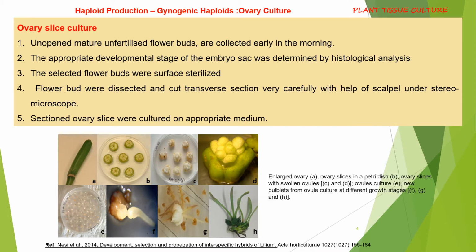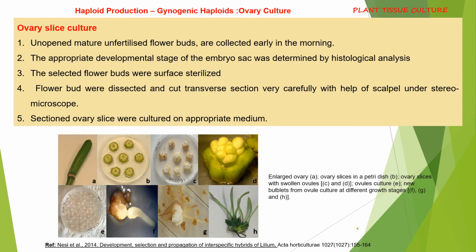Another method of ovary culture is ovary slice culture. Here, the mature unfertilized flower buds are collected and the developmental stage of the embryo sac is determined by histological techniques.